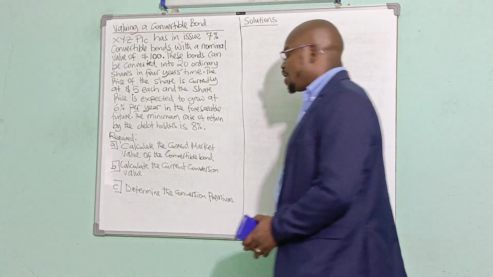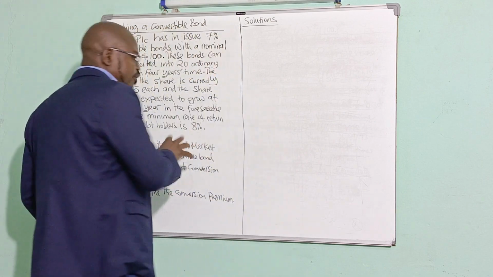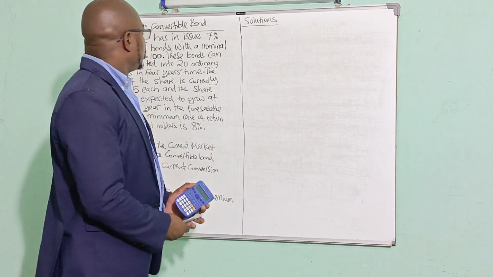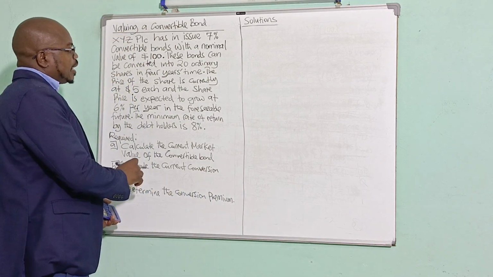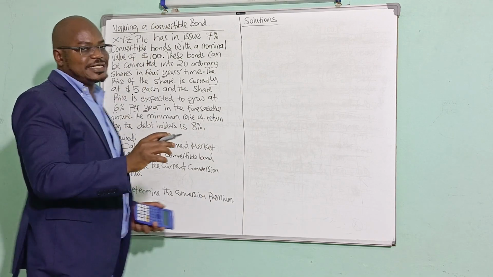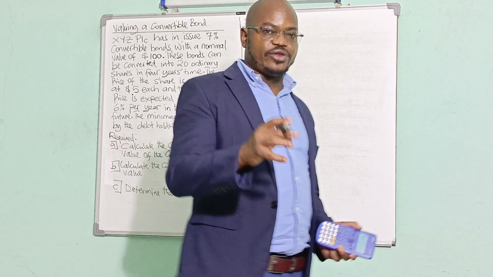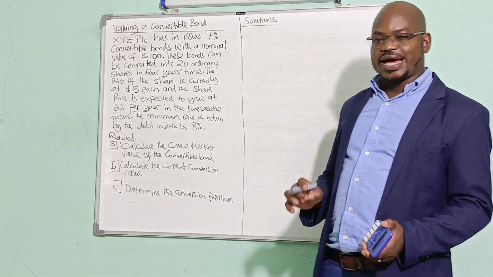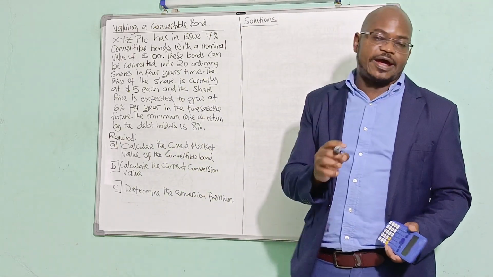Now, for you to calculate the current market value of the convertible bond, all you need to do is to basically compare between the nominal value and the conversion value of the bond in 4 years' time, and see which one is higher.